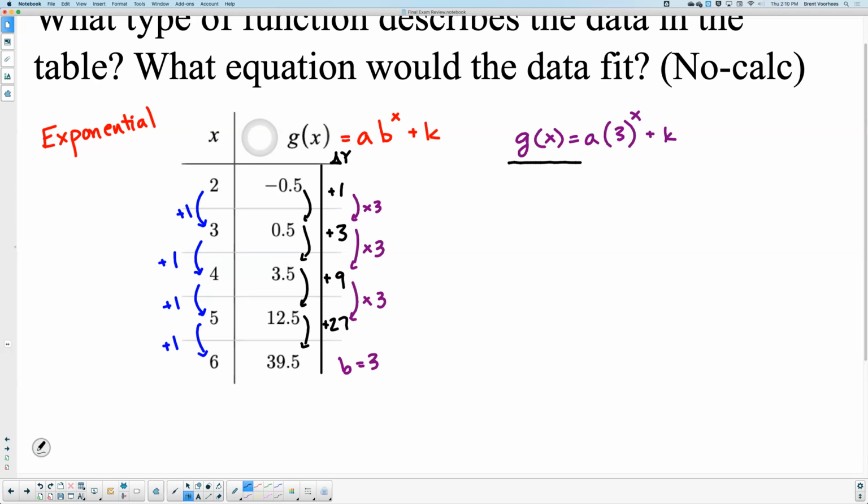Which point do y'all want to plug in first? Do you want to do this one or ignore the negative and go to the next one? What do you want to do? Start with 3? Deal with positives? Okay, the 0.5, what is that value? The y. So 0.5 equals a times 3 to the third power plus k.